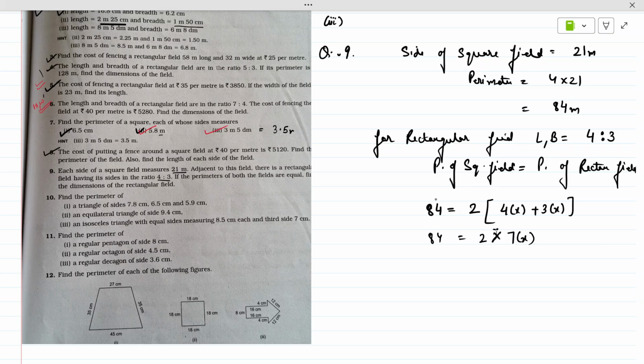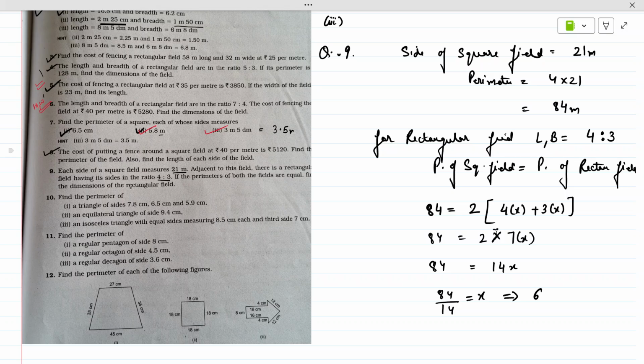So 84 is equal to 14x. 84 divided by 14 is equivalent to x. That means the value of x is 6. If you divide this, we will get 6.